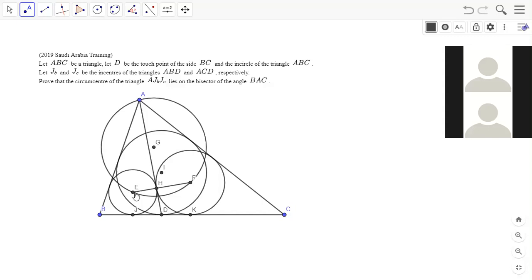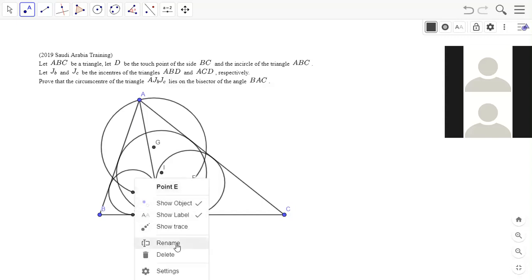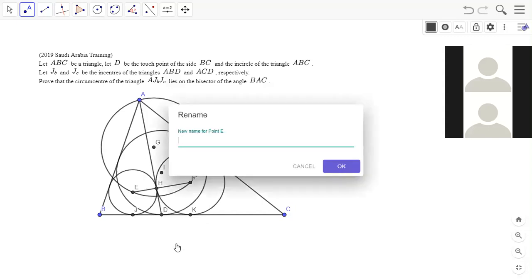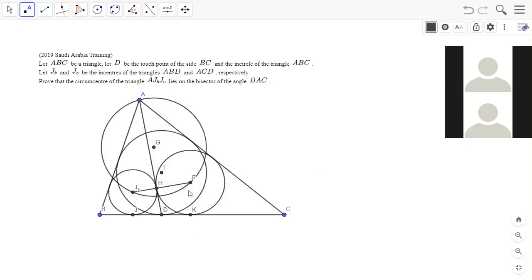Oh wait, how did the name of these circles change back? Whoops. JB and JC.